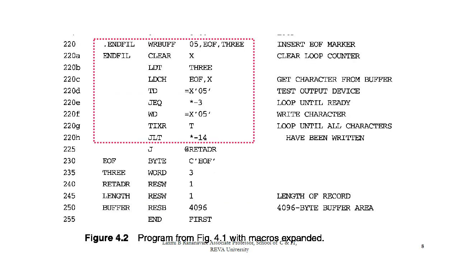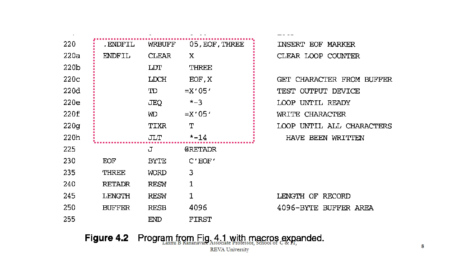And similarly, one more write buffer is called, which is having the label ENDFIL, and that should be preceded with a dot, because the labels will tell you where exactly it has to go. It may be used in the program, and thereby there should not be confusion between the macro call label and the macro definition label. And that's why if the call is having a label, that must be preceded with the dot.